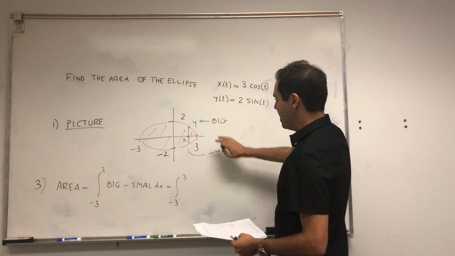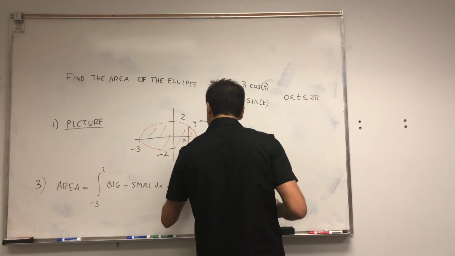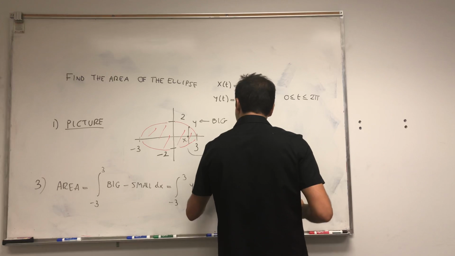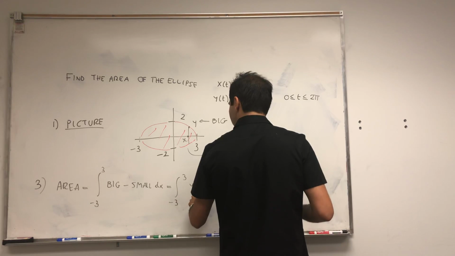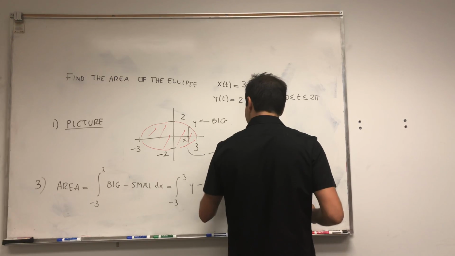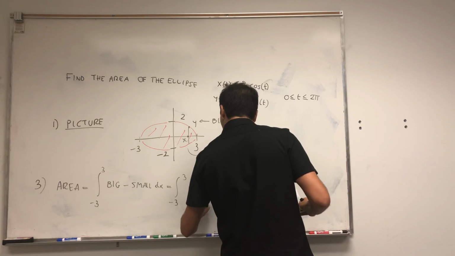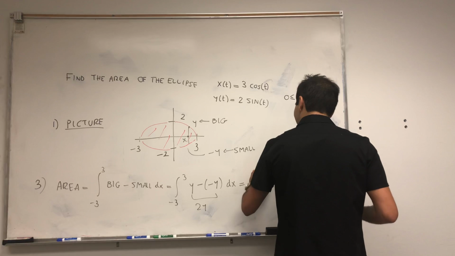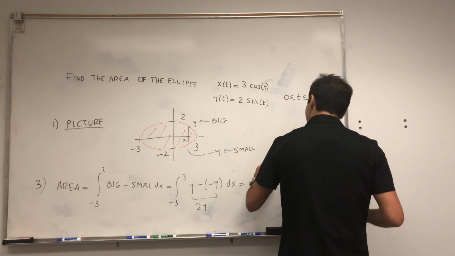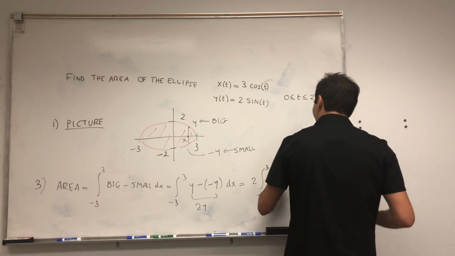So because big is y and small is minus y, the area becomes the integral from -3 to 3 of y minus (minus y) dx. This just becomes 2y, so it's 2 times the integral from -3 to 3 of y dx.